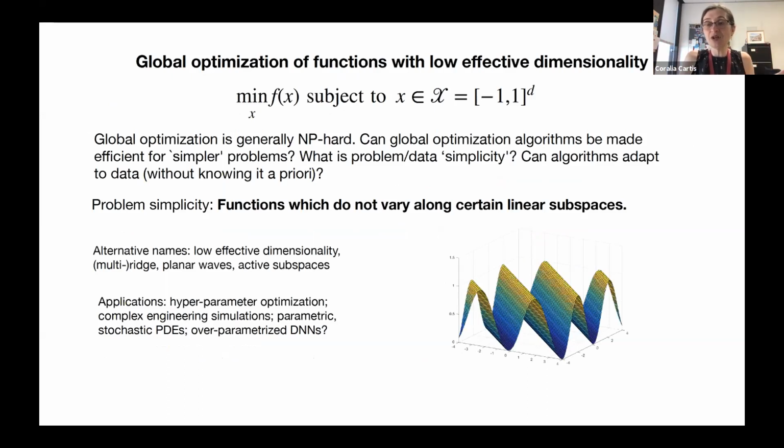So can you globally optimize these functions efficiently without learning the subspace? And what we did is to look at random embeddings. So randomized subspace methods for global optimization of these structure functions. And we looked at theory and numerics, and we have one paper posted and one upcoming shortly, but also a summary paper in an ICML workshop.